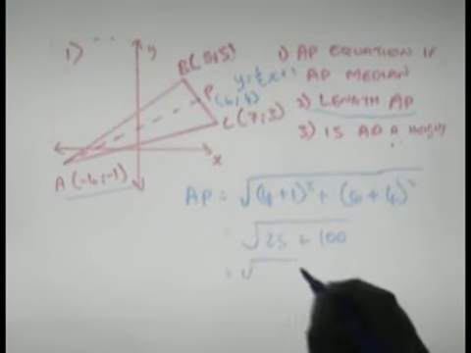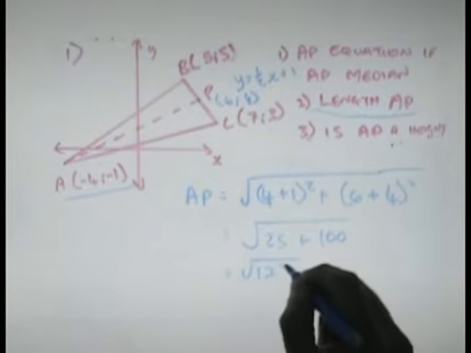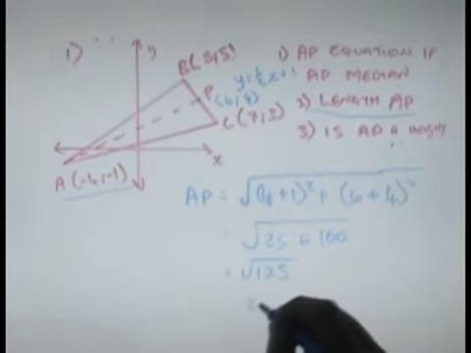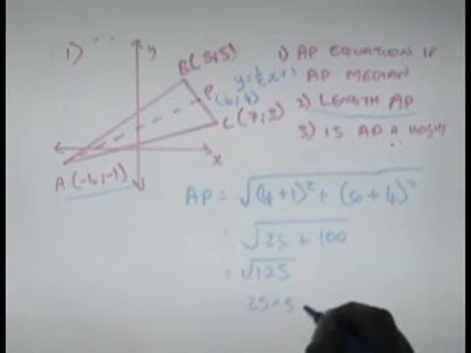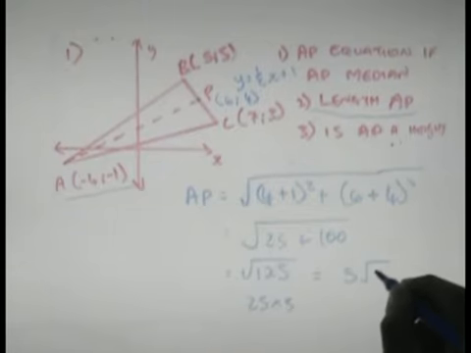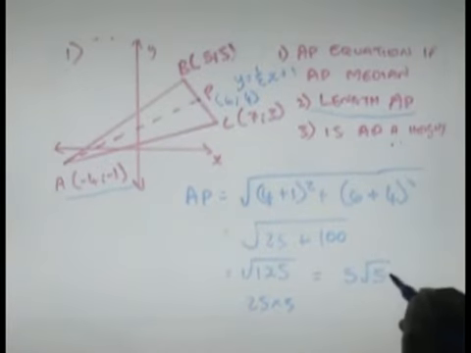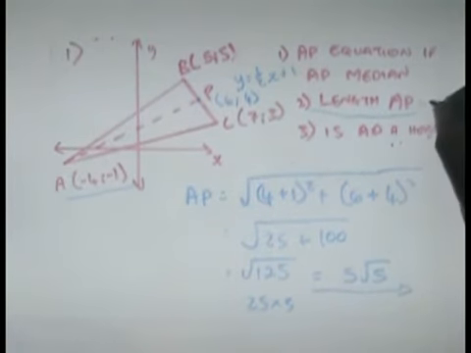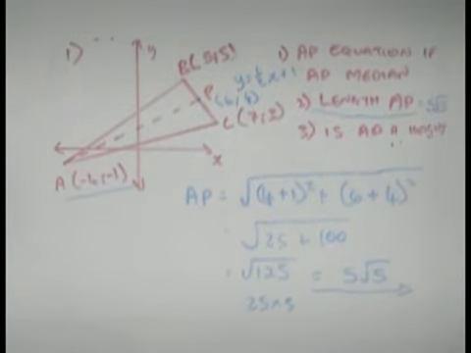That means that AP is equal to the square root of 125. Now 125 is the same as 25 times 5. The square root of 25 is equal to 5. The square root of 5 we can't find. That means that AP in simplest surd form is equal to 5 root 5.